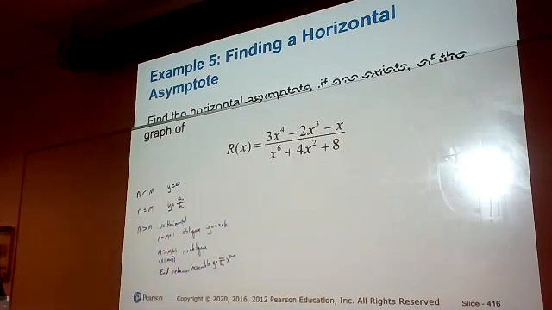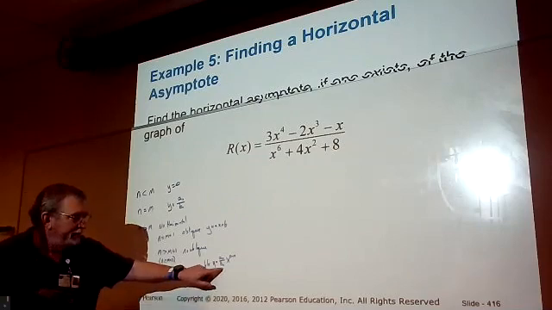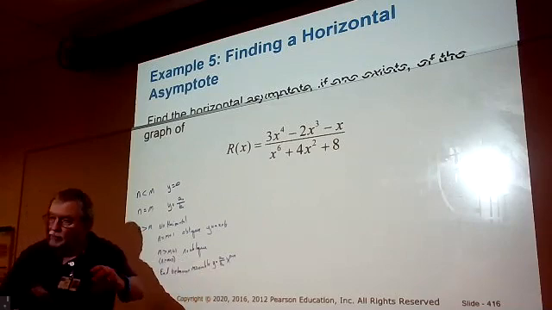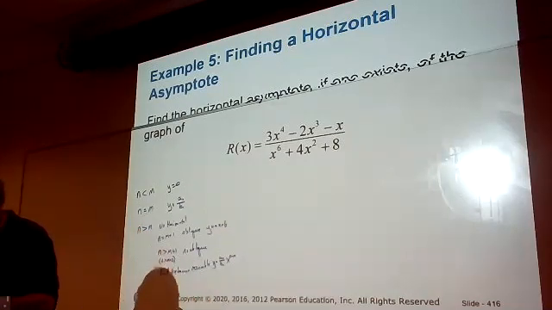So if n minus m is even, then both ends are going to be going up, or both going down. If n minus m is odd, then they're going in opposite directions. And whether a sub n over b sub n is positive or negative determines which is up and which is down.